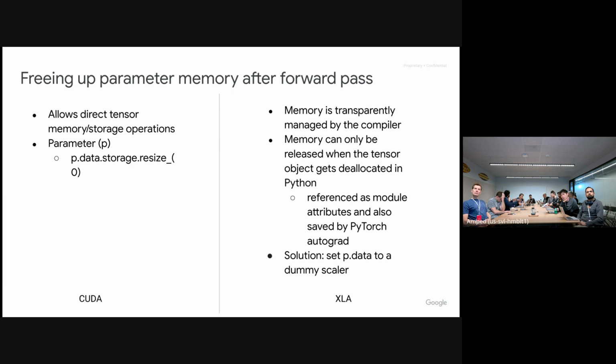And there you are thinking, okay, I'm going to do something more elaborate myself, which finally we were able to do in this case. For example, limitations such as not having direct access to the tensor storage, so that you can free up that storage, were addressed using other techniques, such as changing the reference to some dummy scalar and stuff like that for releasing the parameter memory.